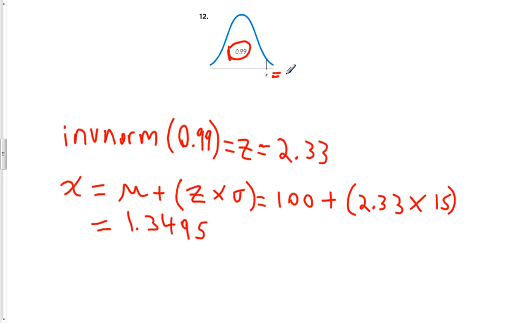Sorry, I was placing the decimal in the wrong place. This isn't 1.35, this is actually 134.95.